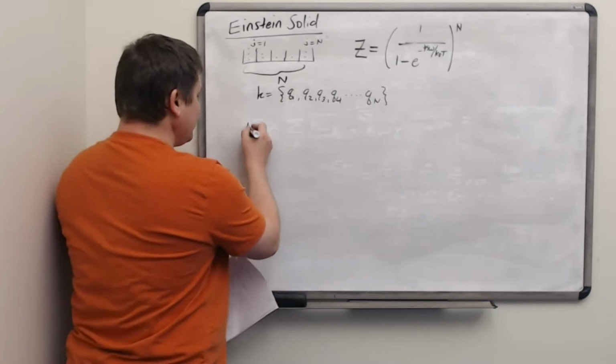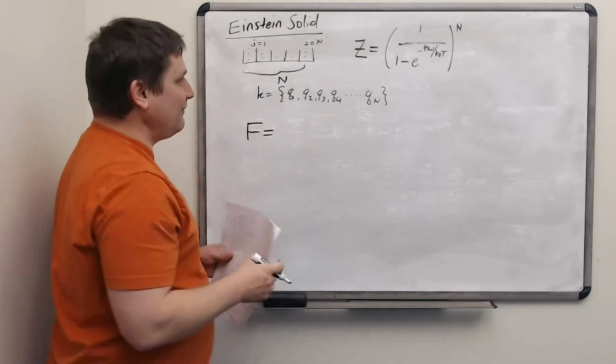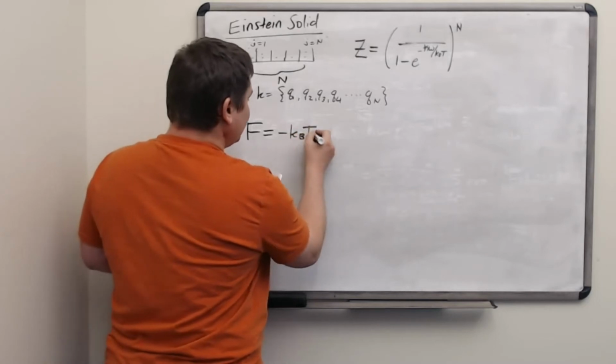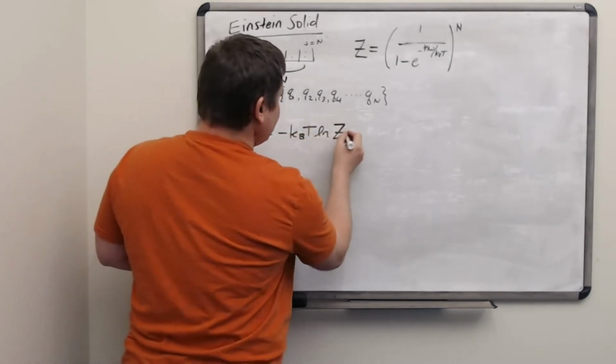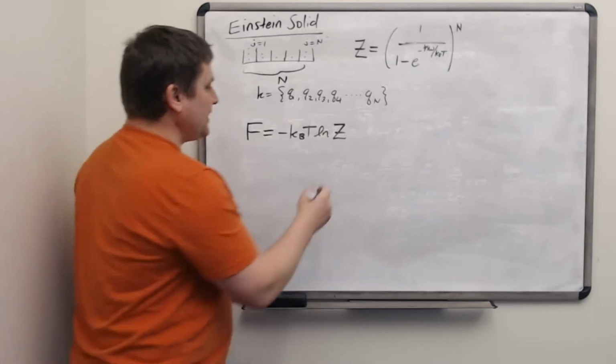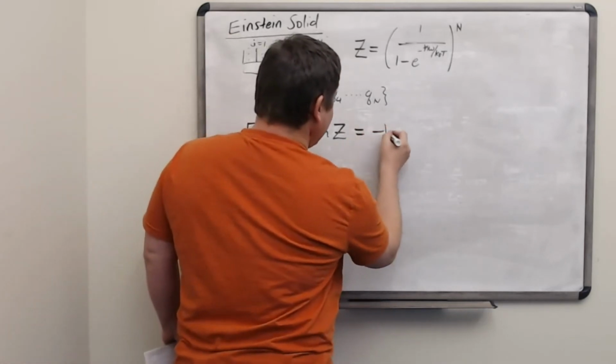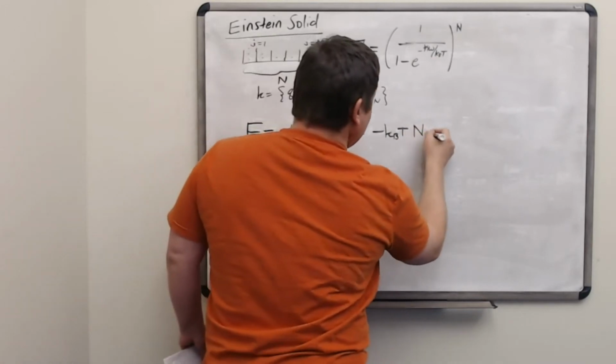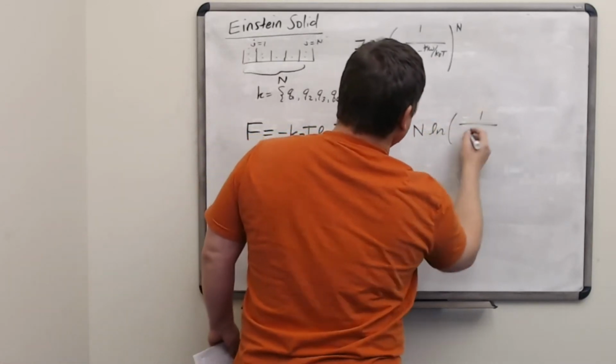Our next task is to calculate the Helmholtz free energy by taking the negative logarithm of this. Right? And so what do we get here? Well, we have minus kbT. The n comes down, and then I have log of what's inside.